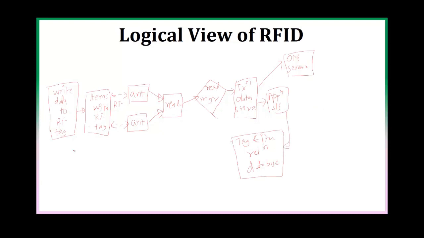Okay, so these two diagrams we are drawing, what we have seen previously, a basic system components and this logical view, that must make sense. Because there has to be a connection between these, otherwise it will not create any logic to have a system like RFID. So here is the PML.